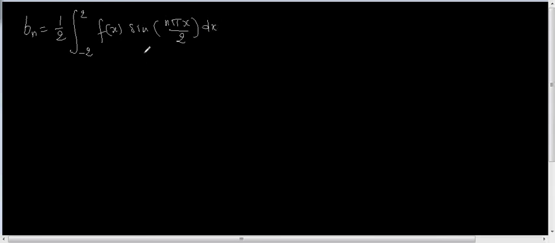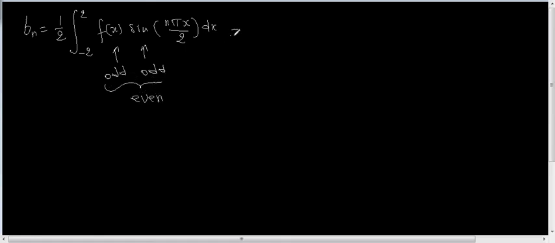Finally, we have to find Bn, which is 2 over 4, that means 1 over 2, integral between -2 and 2 f of x sine n pi x over 2 dx. This time sine is an odd function, f is an odd function, so the product will be an even function.